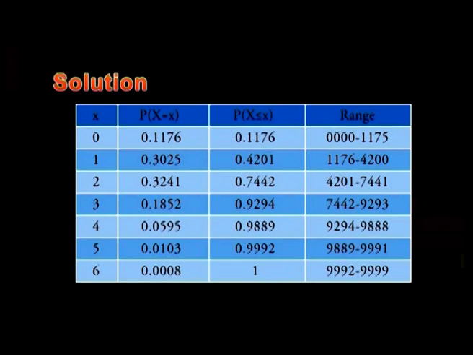The third column gives the cumulative probabilities, and using these probabilities, we write the fourth column, which is nothing but the range for random numbers. Since we have been given 4-digit random numbers in this problem, we write 4 digits for the range of the random numbers. That is 0000 to 1175, 1176 to 4200 and so on.